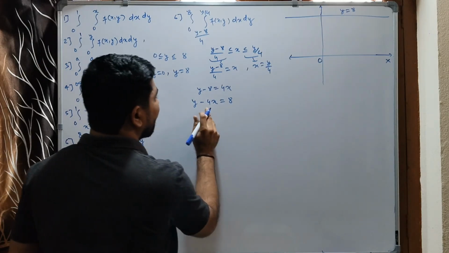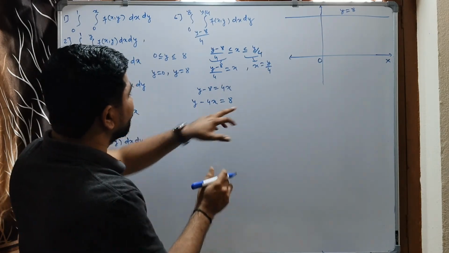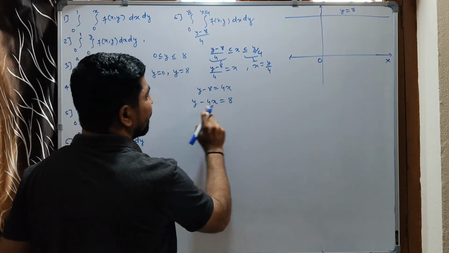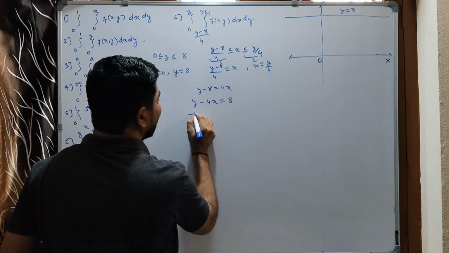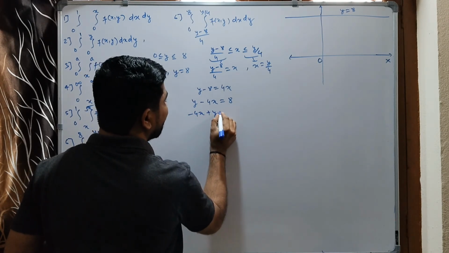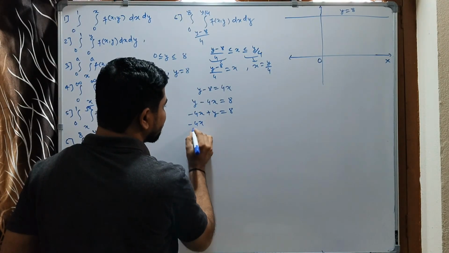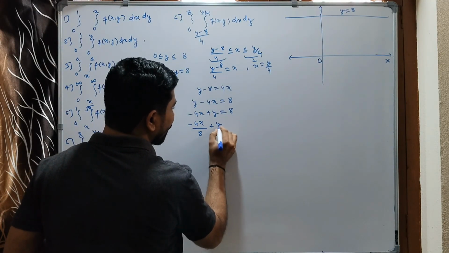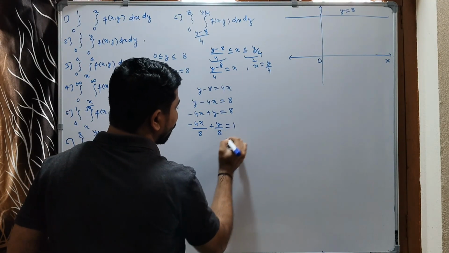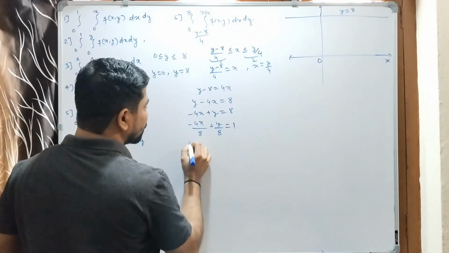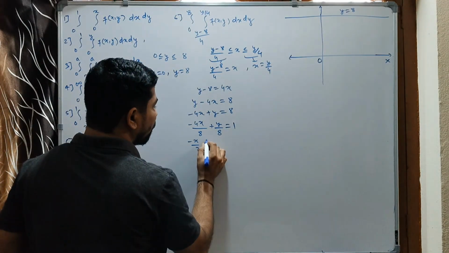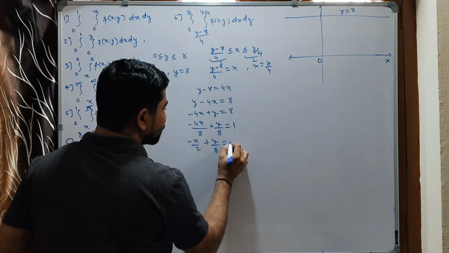I will take 4x to the left hand side and 8 to the right hand side. So I will write minus 4x plus y equal to 8. Now I will divide by 8: minus 4x by 8 plus y by 8 is equal to 1. This is the same as minus x by 2 plus y by 8 equal to 1.